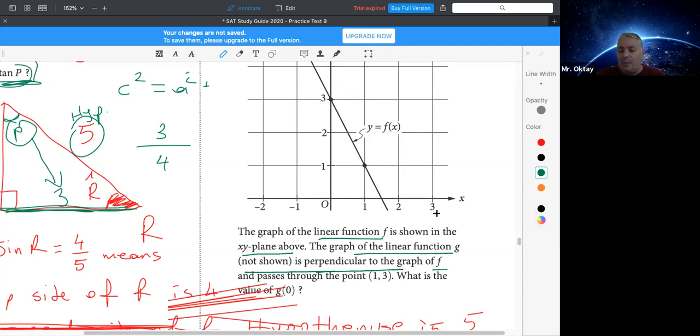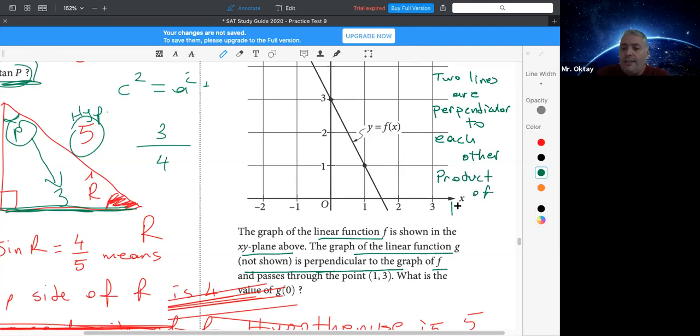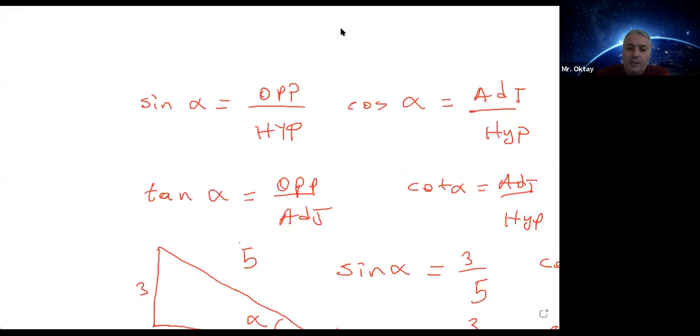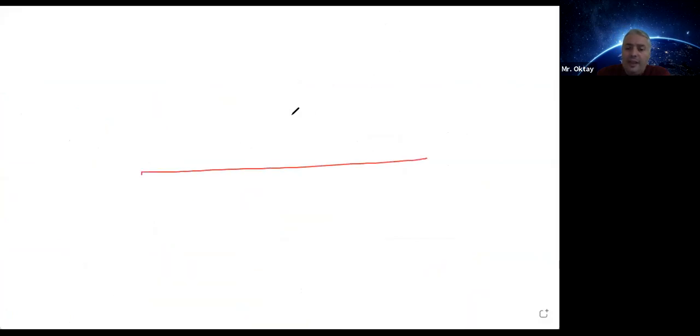Now here, stop. If two lines are perpendicular to each other, the rule is this: the product of their slopes is always -1. Understand the rule? Let me explain. You have this line and this line.